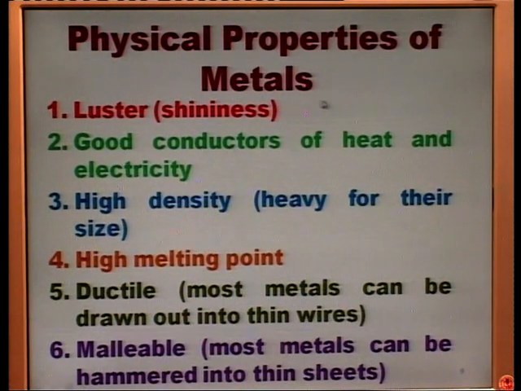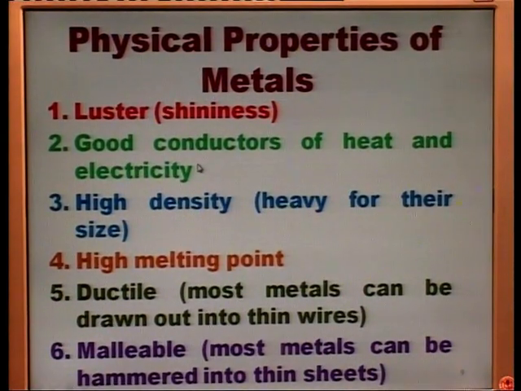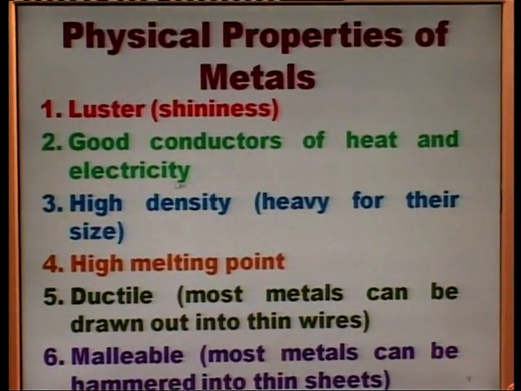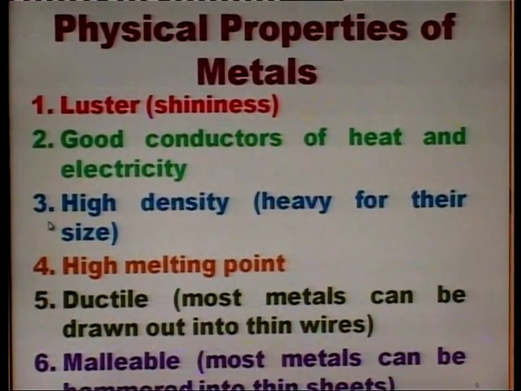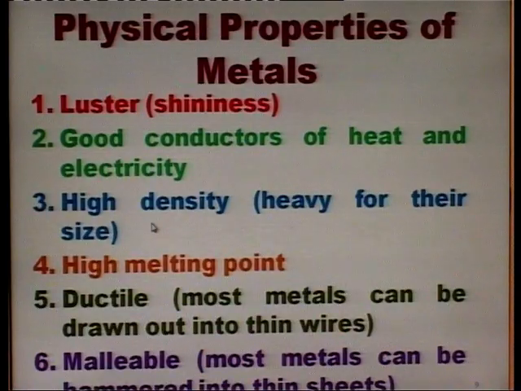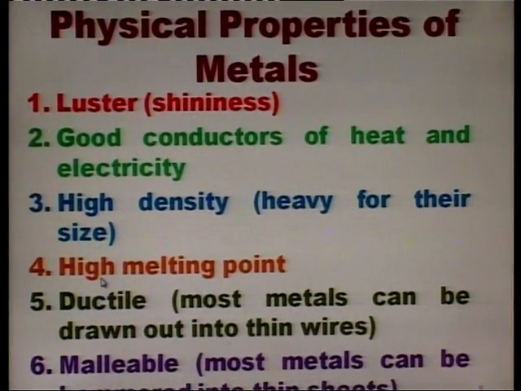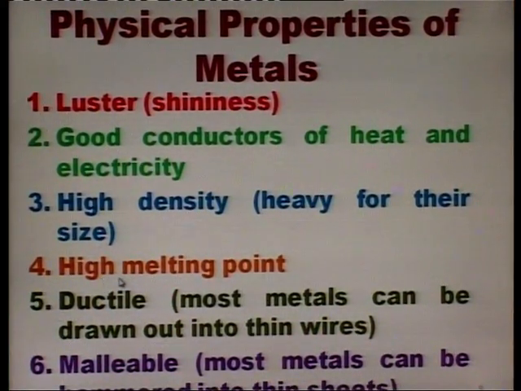Physical properties of metals. First is luster, shininess. Second point, they are good conductors of heat and electricity. Third point, they have high density, that is heavy for their size. Fourth point, they have high melting point.